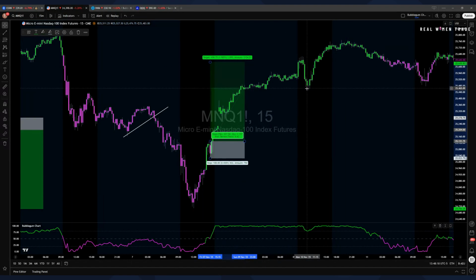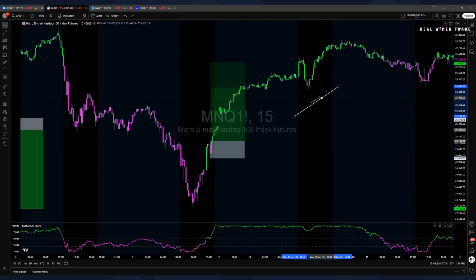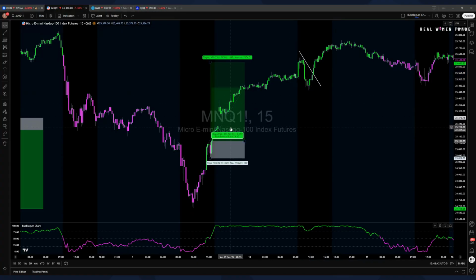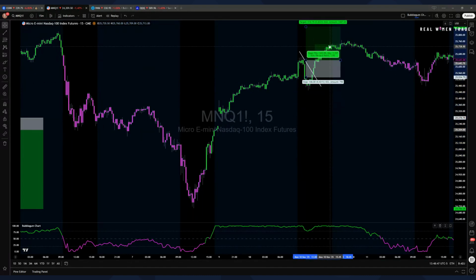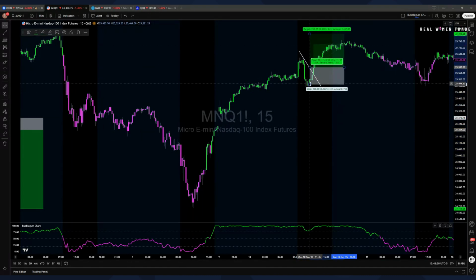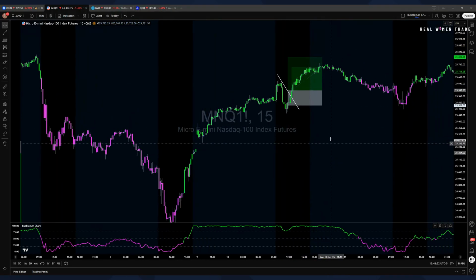Then we get this dip. So you could have waited, and then bubble flow continued to go up after this pullback. If you wanted to draw your trend line to try to get a different entry or an additional entry after you got out, you could try this with a stop below that low right here, and we didn't get up that high.